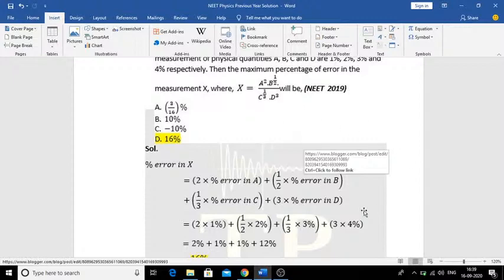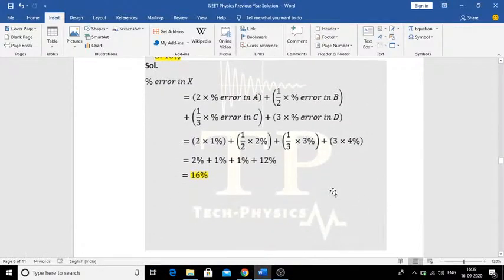Now on solving further, we get 1 by 3 into the percentage error in C. Here it is 3% actually in C. The percentage error in A is 1%, in B is 2%, in C is 3%, and in D is 4%. Substituting all this, we will get our final answer as 16%. Why?